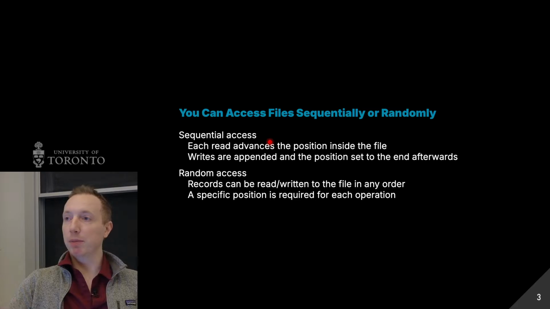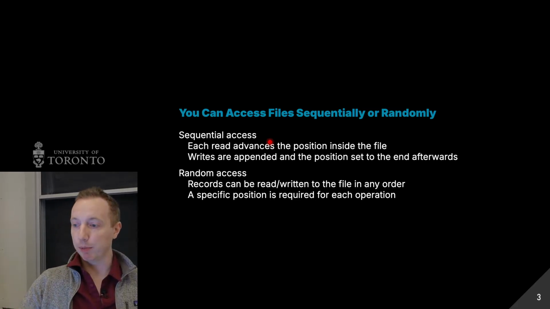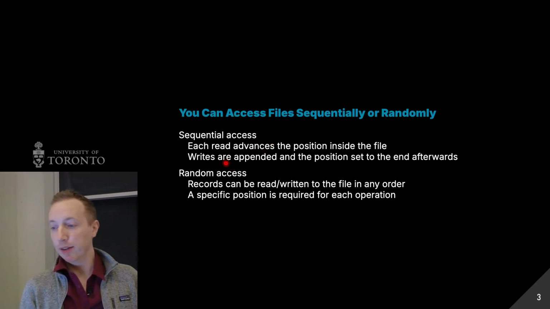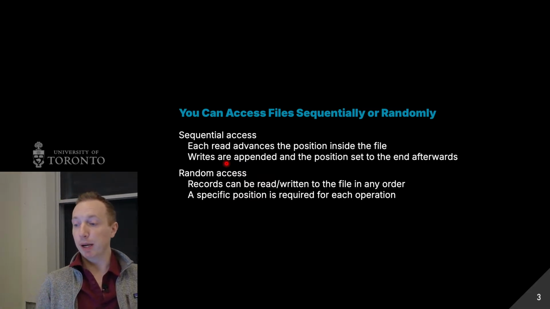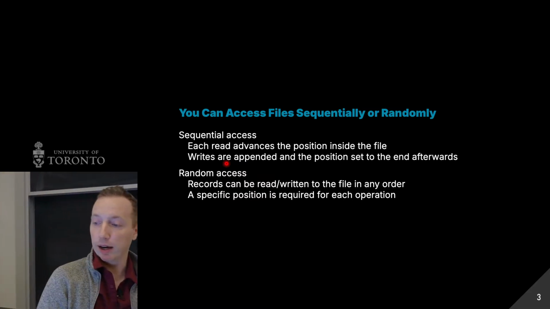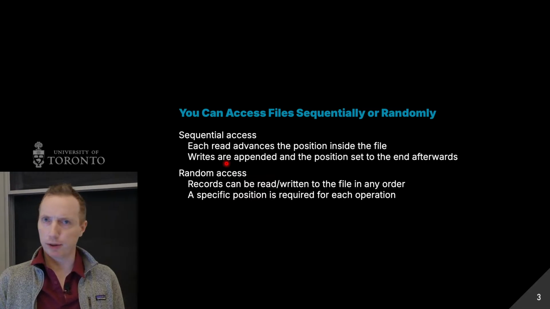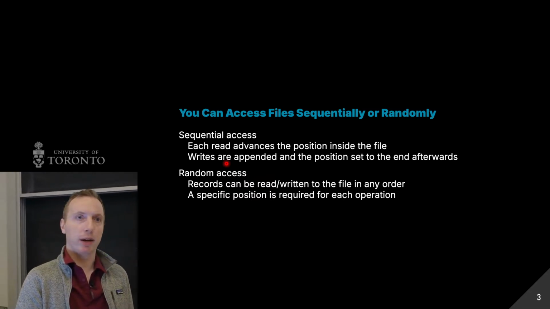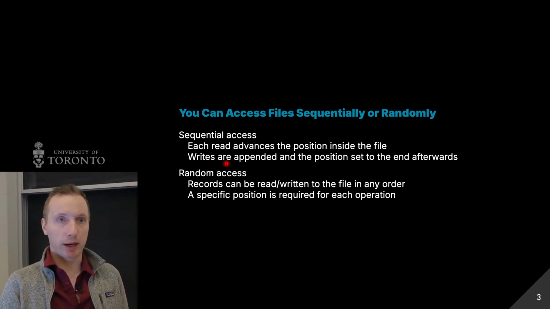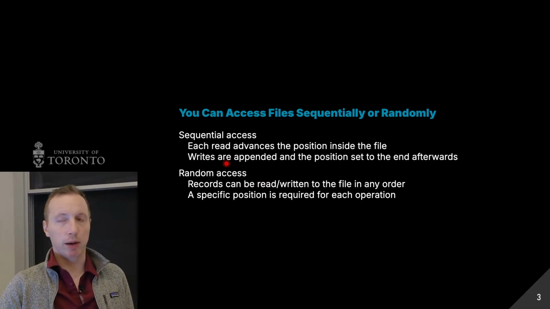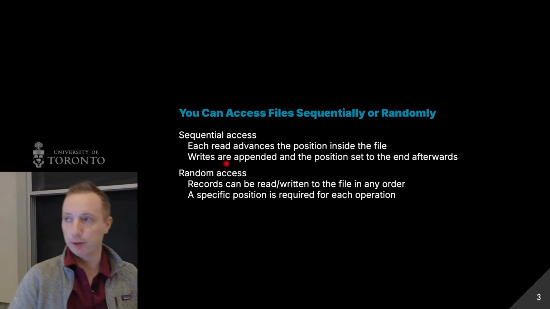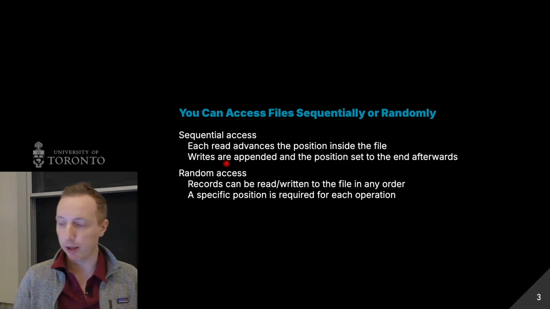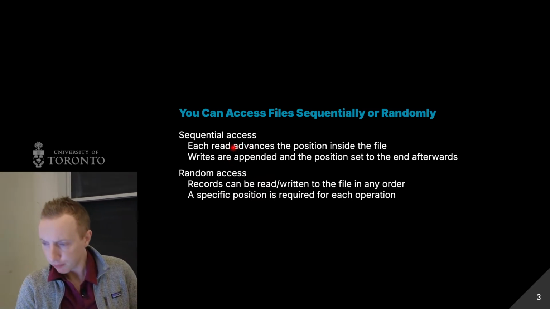So if we call read multiple times, we would eventually read the contents of the file. And then writes, they're just appended to the position set to the end of the file, or it could start at the beginning of the file, but all writes would be sequential too. So if I write hello and then I write world, well then the contents of the file is going to be hello world. They're not going to overwrite each other or anything like that.